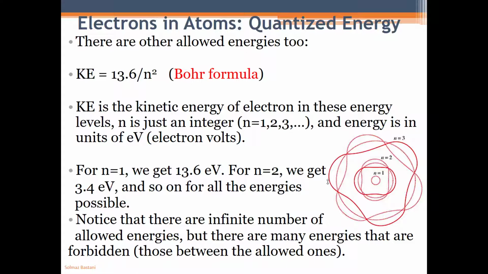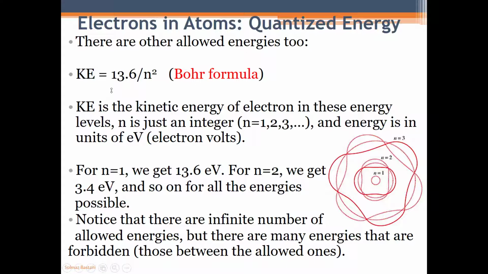Okay, so there are a lot of allowed energies. How do we know what energy is allowed? We can derive it from this formula. This is called the Bohr formula, because Bohr was the scientist that gave this model of the hydrogen atom. So this is part of chapter 31 in your book that talks about the Bohr model for the hydrogen atom.